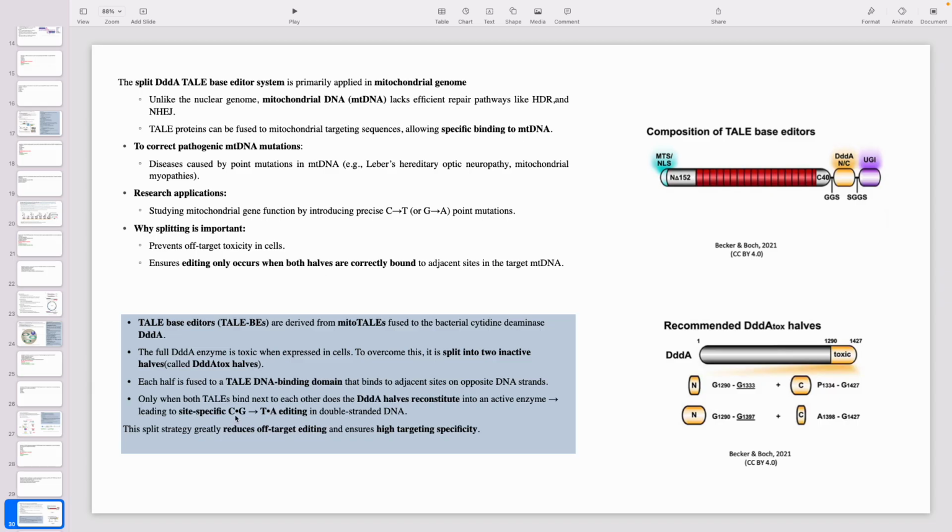After this C is converted to T, the replication will occur, the two strands will get separated, and one strand will have the TA and the other strand will have a CG. So this is how the mutation will be expanded in the population. So this is a deaminase, so it removes the amine group from a particular base. I hope this is clear.